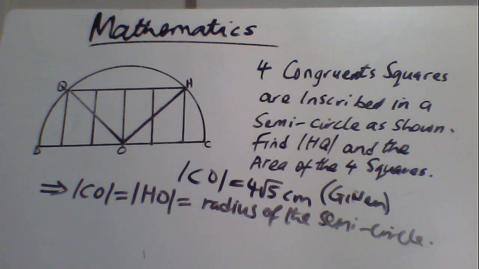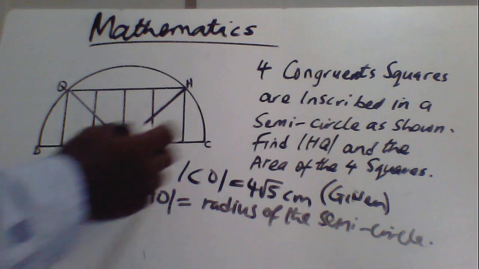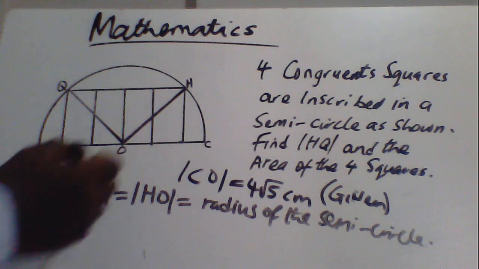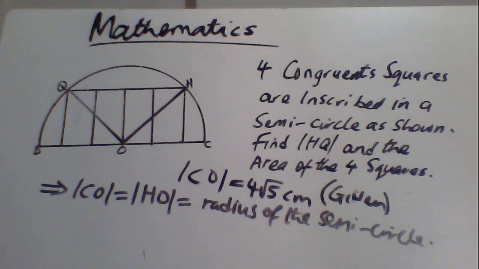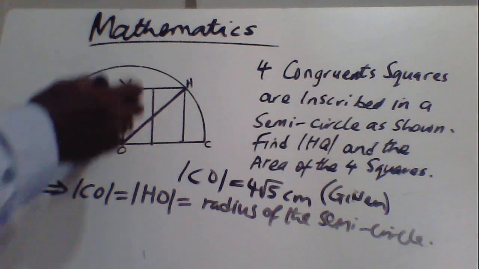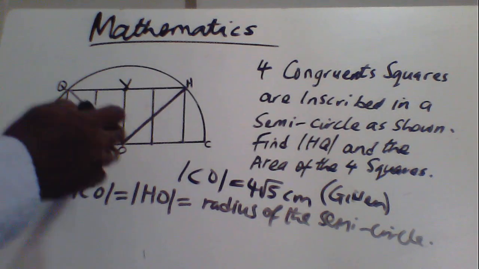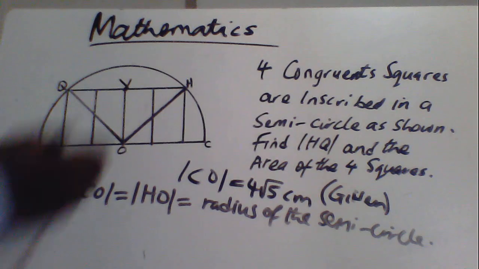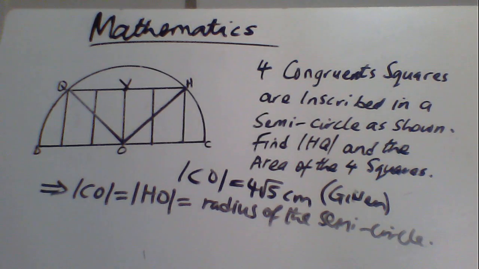So once we know that CO is equal to HO, which is the radius of the semicircle, and is given, we can assign a value here. Let this place be equal to V. That is the middle of the triangle QOH. Let it be equal to V.